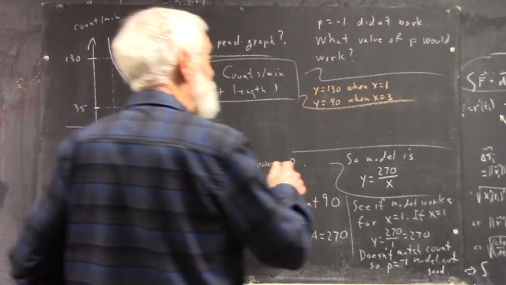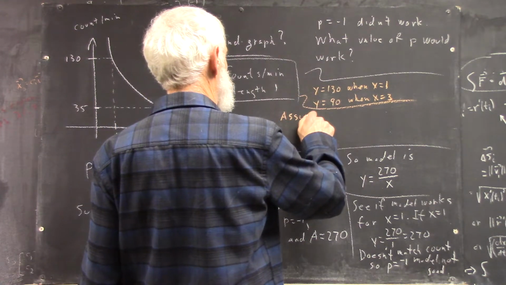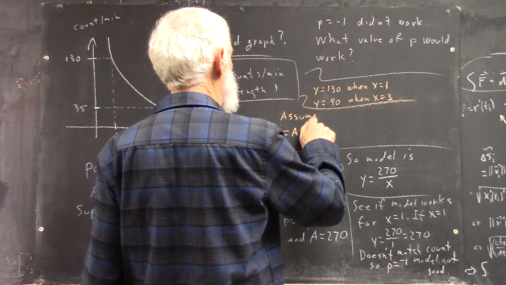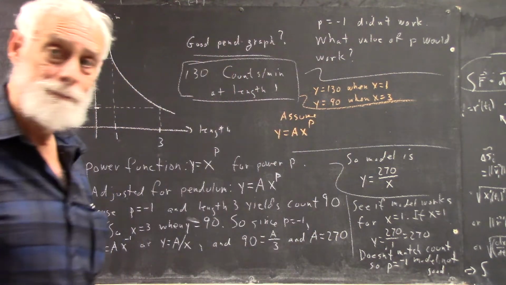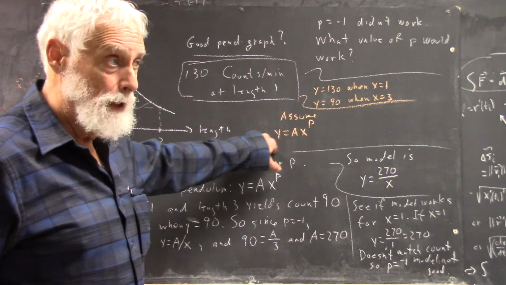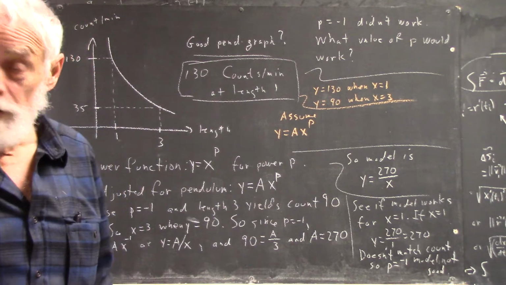Okay, so assume y equals a x to the p. Now, x and y are the length and the count, in the order I said it.